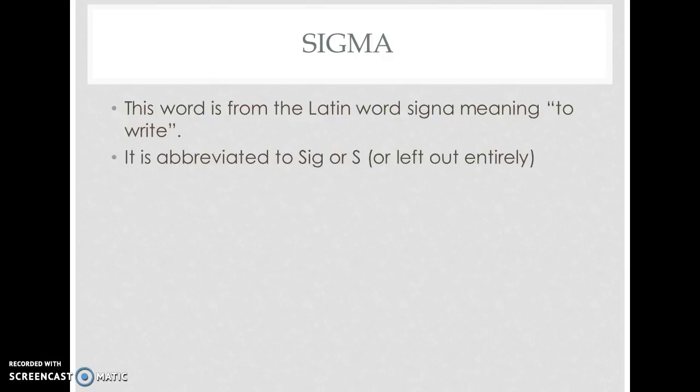Okay. One of the things that you should also know that you will see on some of the prescriptions you have probably already worked on is Signa. This is from the Latin word signa, meaning to write. It is abbreviated as Sig or S, or left out entirely. It indicates the directions for use and administration route.